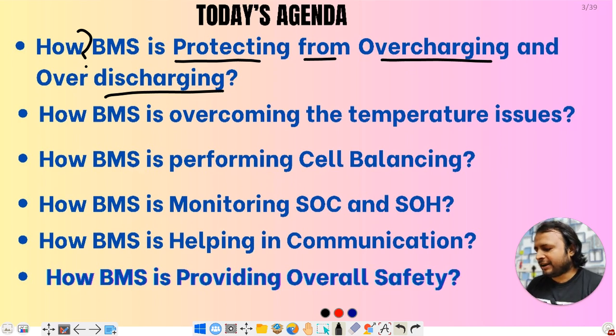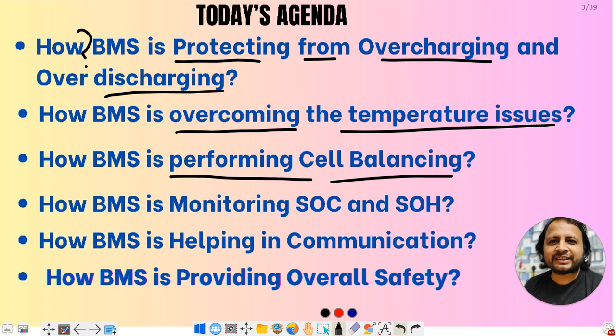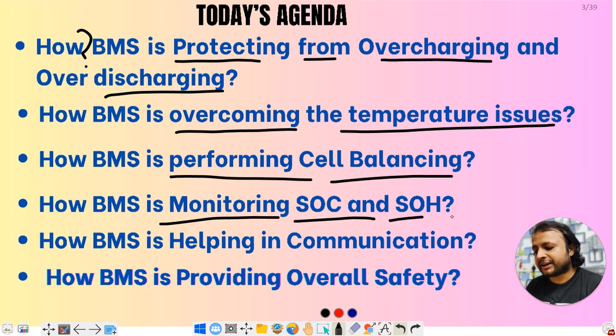Second, we discussed in the previous class that BMS overcomes temperature issues, and today how BMS overcomes them, and similarly how BMS performs cell balancing. Today we will understand how cell balancing is performed by the BMS. And the fourth one is how BMS monitors SOC and SOH, state of charge and state of health, and today we are going to decode how it does that.